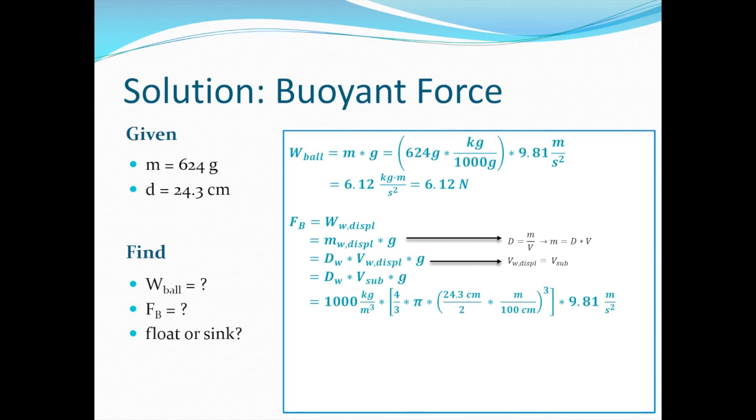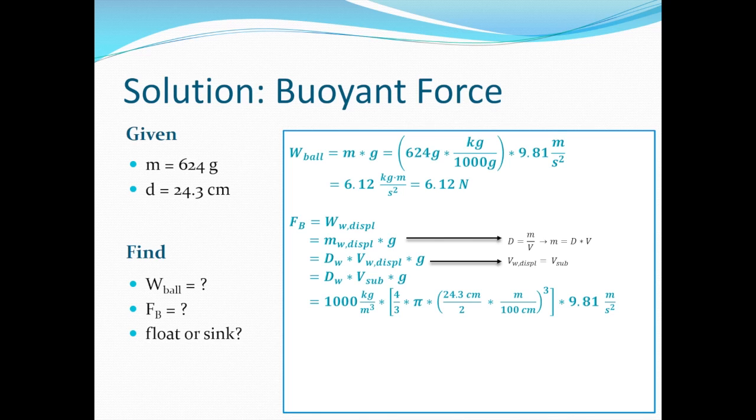Since the ball is a sphere, the volume can be calculated from 4/3 times pi times the radius cubed. Notice that we need to be careful of two things when we calculate the volume of the ball. We were given diameter, not radius, and it was given in centimeters, not meters. That means we need to divide the diameter by 2 to get the radius and convert from centimeters to meters.